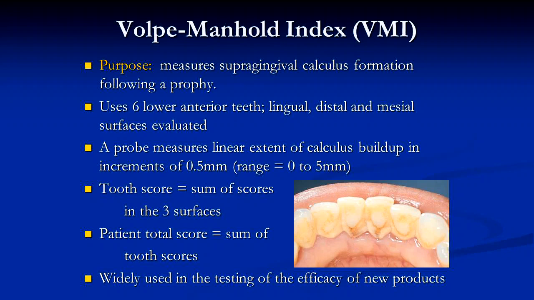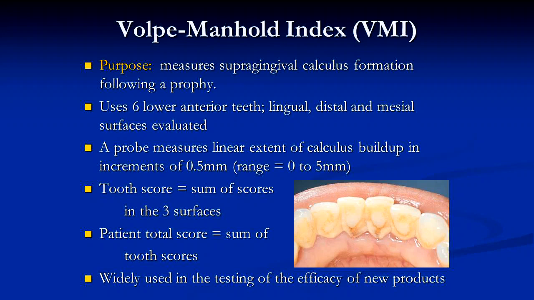So if I developed a new toothpaste and I said that it had tartar control, then to test this, I would make sure that my patient sample was completely clean, and then I would bring them back in to see how much calculus formed after they were using my product on a regular basis.